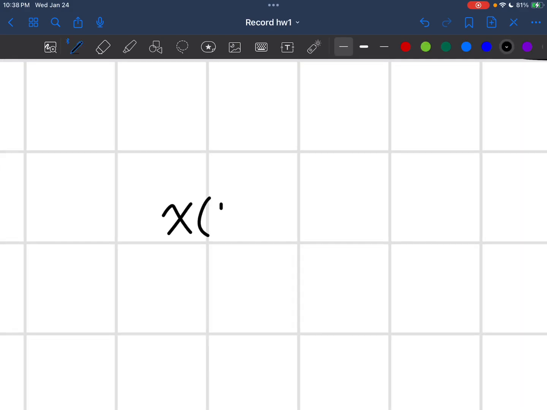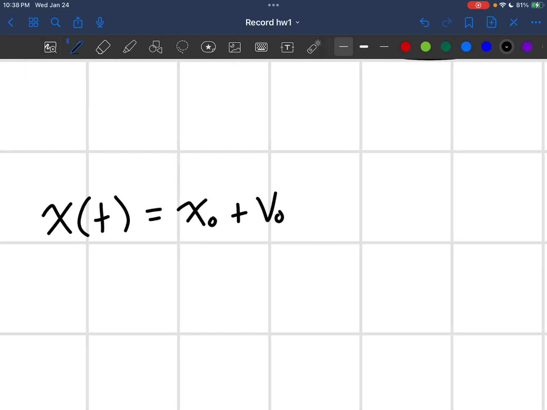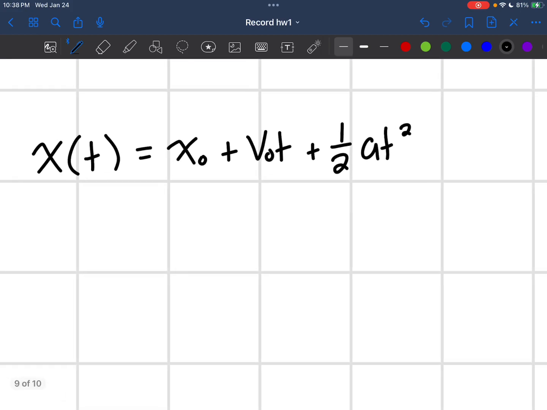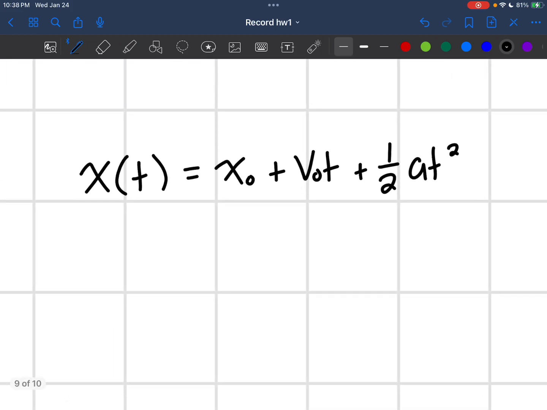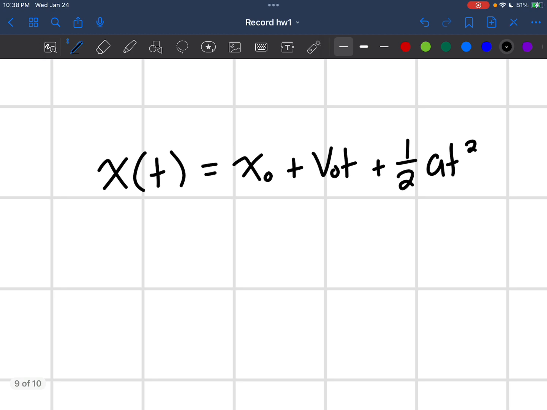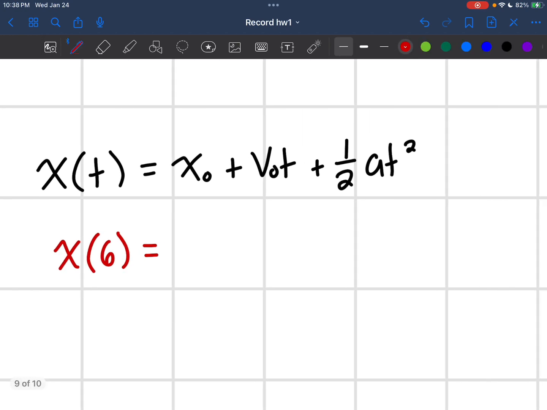So we're going to use our handy dandy friend, our position kinematic equation. Writing while talking is not easy. And now, since we're solving for our position after 6 seconds, so x of 6, my position at time equals 6. My initial position, we just said that was 0. My initial velocity, we also know that's 0.